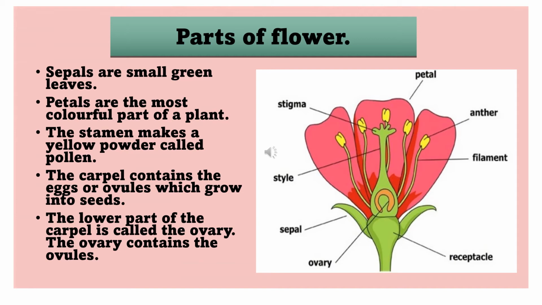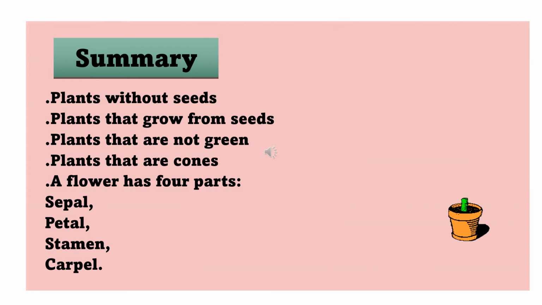The carpel contains the eggs or ovules which grow into seeds. The lower part of the carpel is called the ovary. The ovary contains the ovules. So these are the parts of a flower.